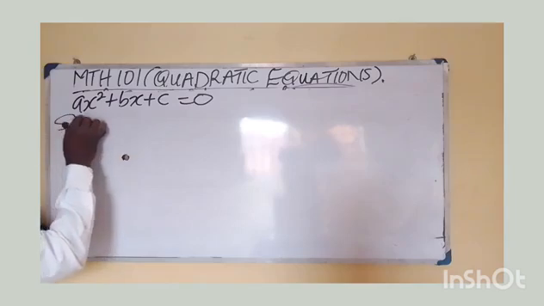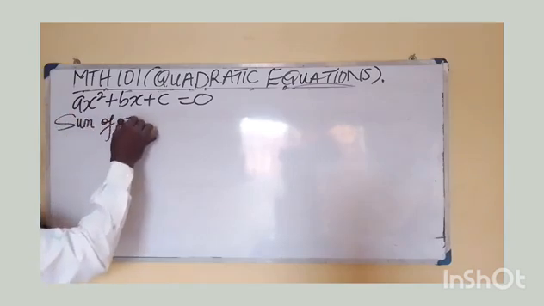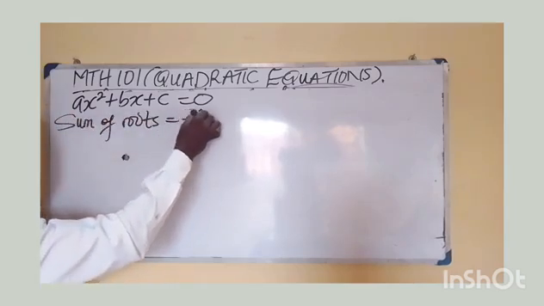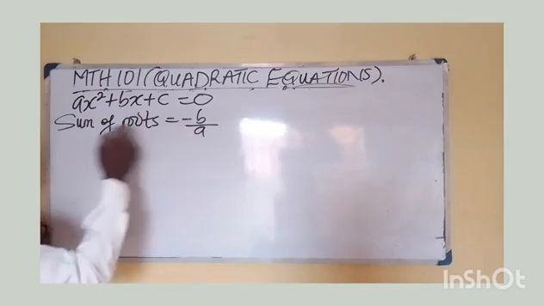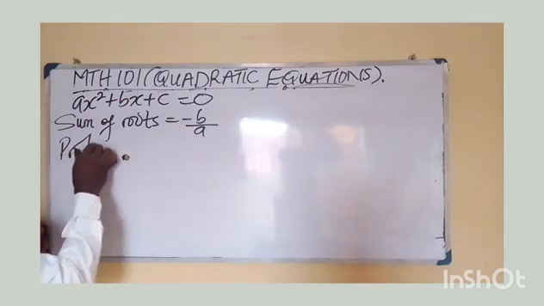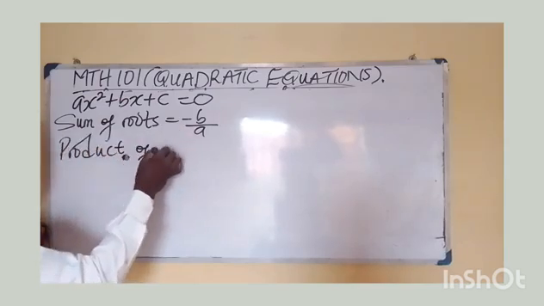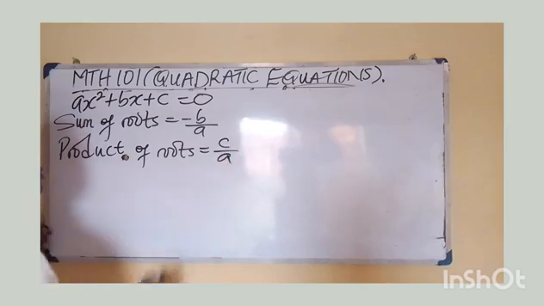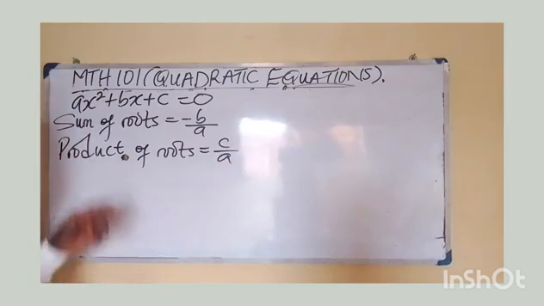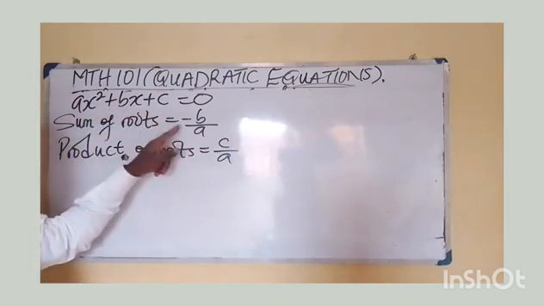So the sum of roots is equal to minus b over a. Then the product of roots is equal to c over a. Now you may be asking me, but you're having plus here, but here it's minus.